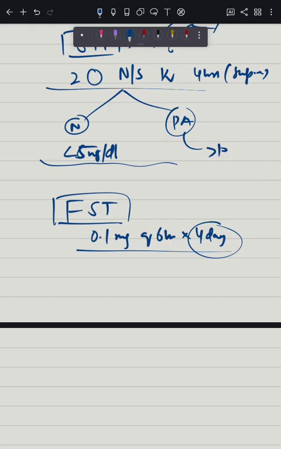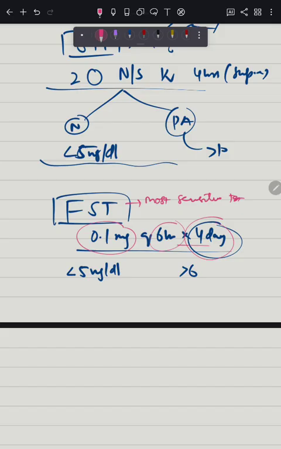Normally aldosterone will be suppressed below 5 nanograms per deciliter, but in primary aldosteronism it remains high, greater than 6. Fludrocortisone is the most sensitive test. But you have to give 0.1 milligram every 6 hours for 4 days. That's why it's a cumbersome test, and it needs hospital admission.